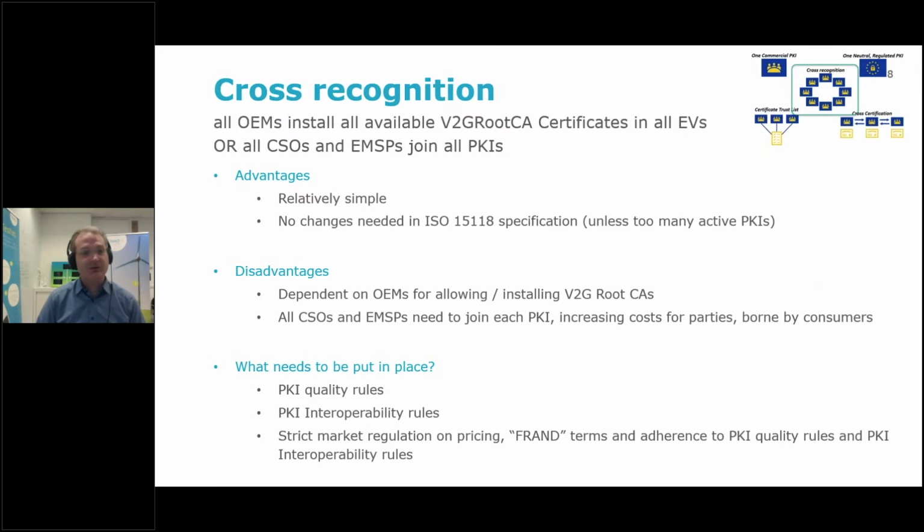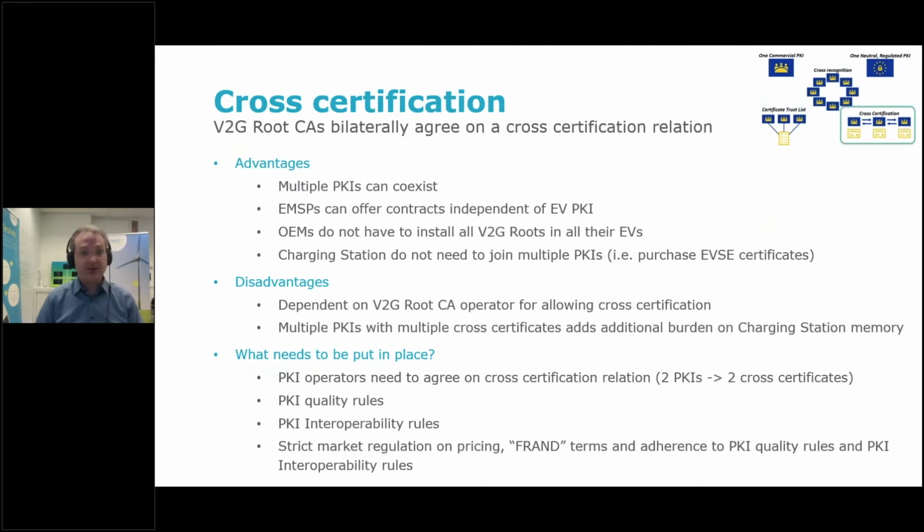So this is the first option for multiple PKIs with interoperability between them. But there are more than this one. The second one, we will go into during the demonstrations, but first, the theoretical part: the advantages and disadvantages.